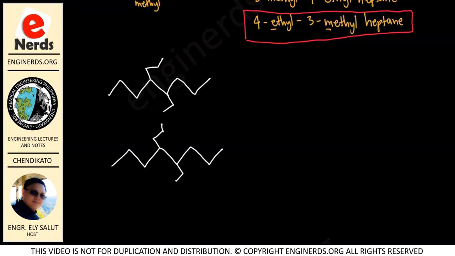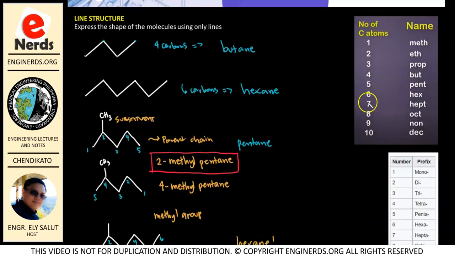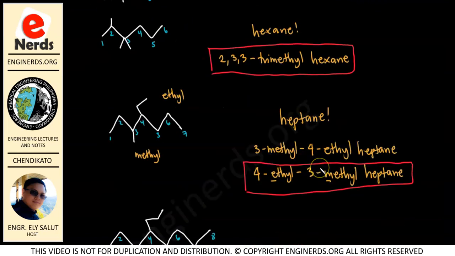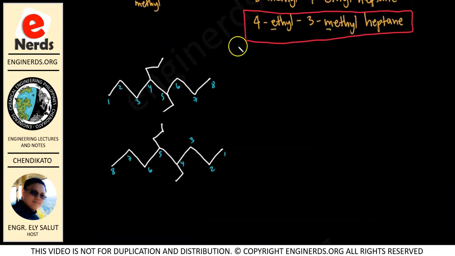So on this first example, I will be counting from left to right. So 1, 2, 3, 4, 5, 6, 7, 8. And in here we have 1, 2, 3, 4, 5, 6, 7, 8. So we have 8 carbons. Therefore, ang gagamitin nating preface here is oct. So, we have an octane in here because this is an alkane. So, we have octane. Okay?